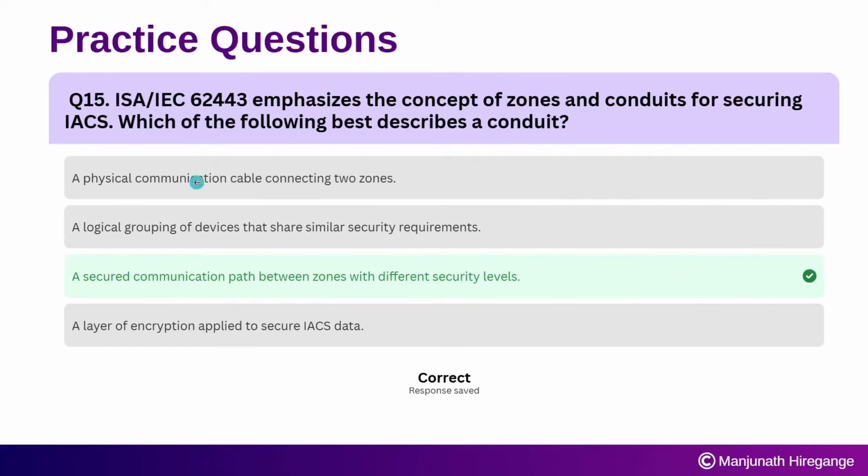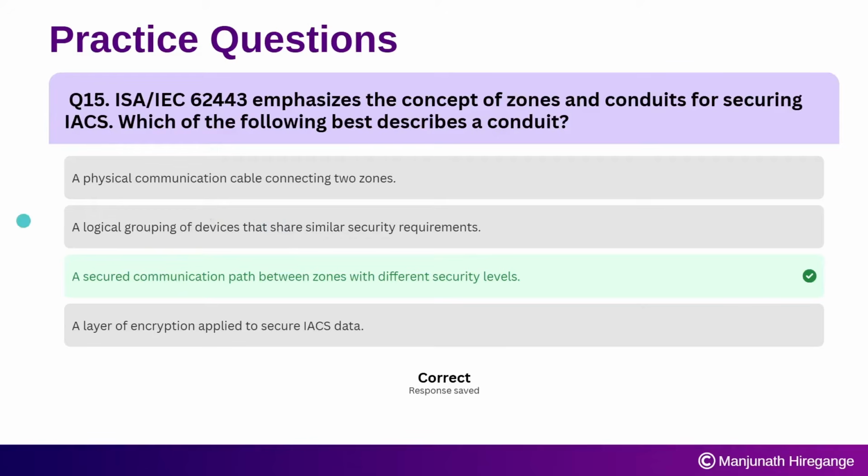But why not A? This physical communication cable connecting two zones. Yes, this is also a conduit, but it is not only limited to that, because whether physical or virtual, what best describes a conduit, we have to consider a generic case. So here it is specific to physical communication, and there is also a virtual, right, logical grouping of devices that share similar security requirements.